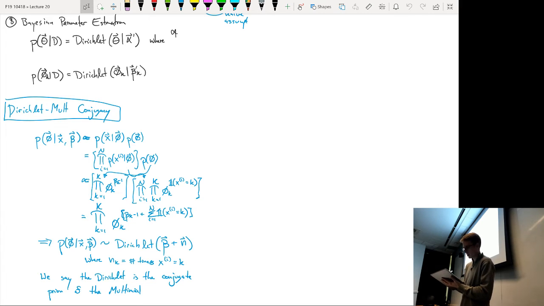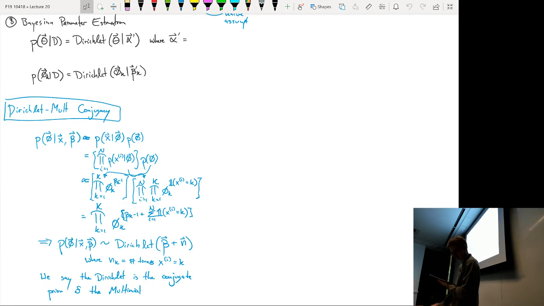So the hyperparameters here are going to be that alpha prime is a count vector.